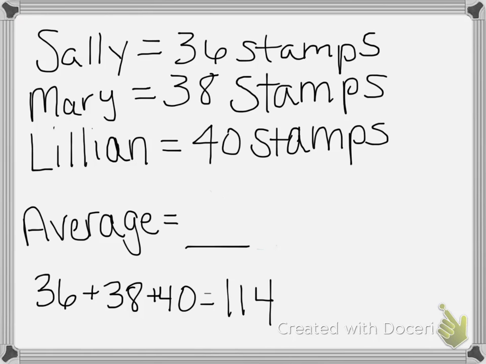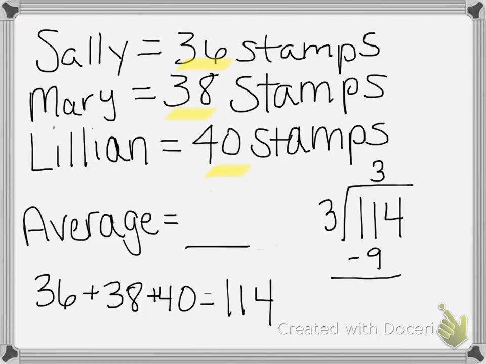Now we need to divide by how many values we have, which is 3. So we divide 114 by 3, which gives us 38. Our average of stamps is 38.